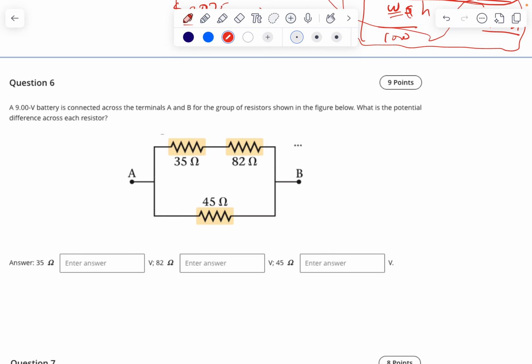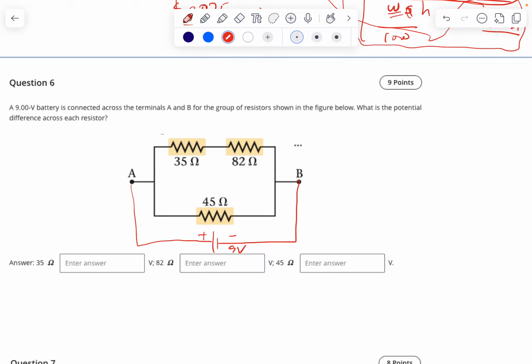Next one. A 9 volt battery is connected across terminals A and B. So you connect 9 volts, positive 9, negative 9 volts. What is the potential difference across each resistor?